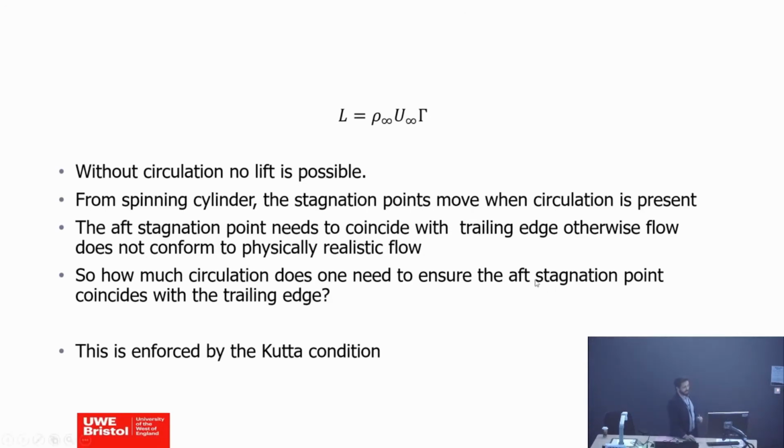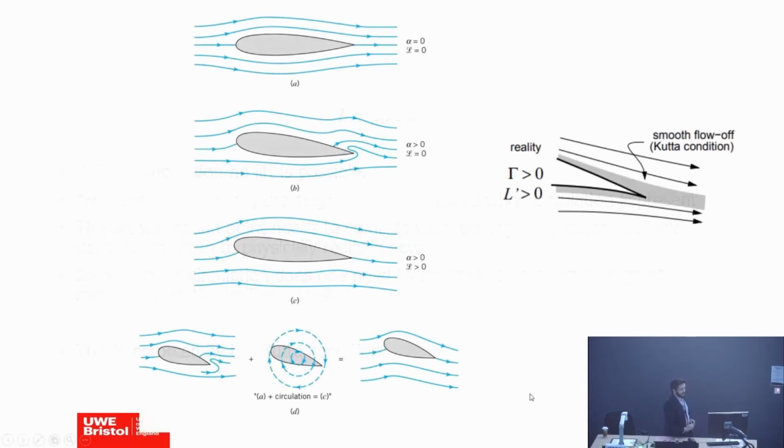So let's talk very briefly about the Kutta condition. Really, what is the Kutta condition? It says the following, that for a flow around an airfoil, we have to have this condition that the flow must leave the trailing edge smoothly. Meaning, for example, I can't have the case where, let me just demonstrate this, sorry.